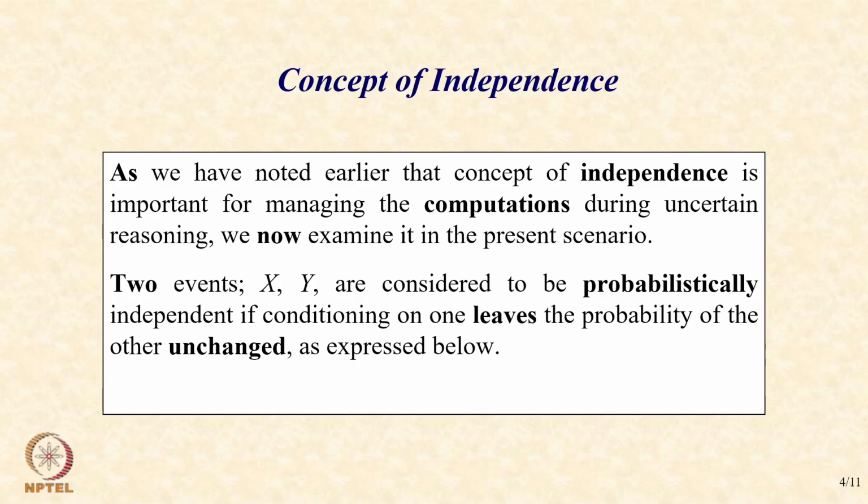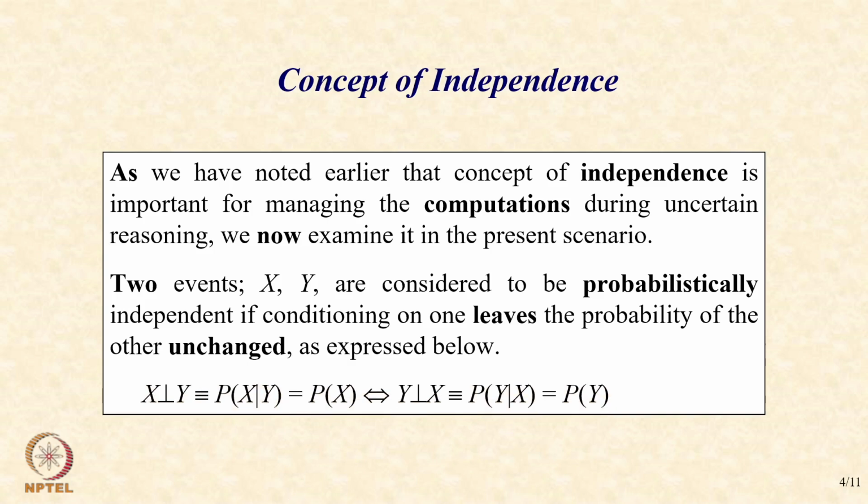We say that x and y are considered to be probabilistically independent if conditioning on one leaves the probability of the other unchanged. So, let us start with the expression leftmost. So, x and there is an orthogonality symbol.